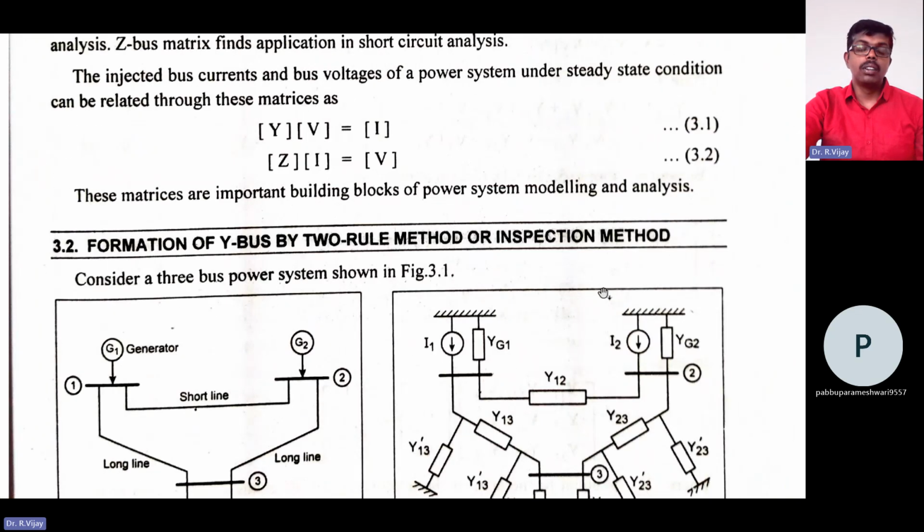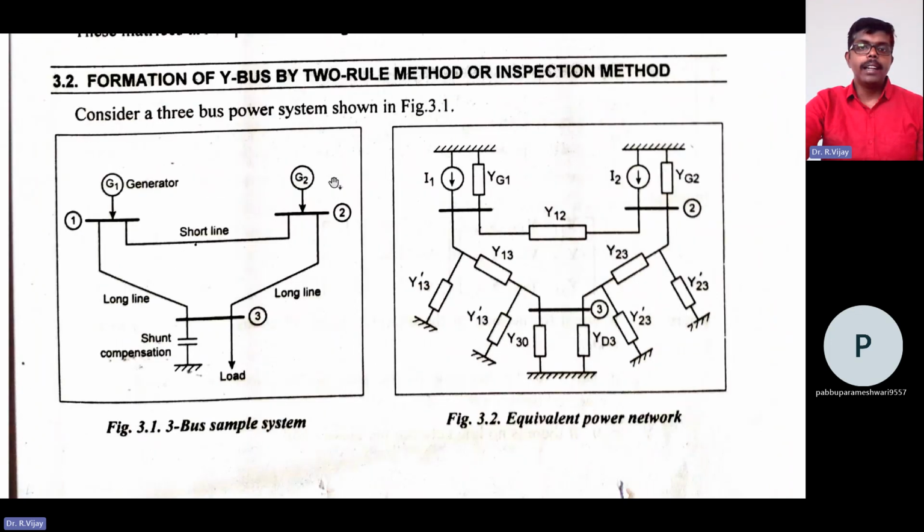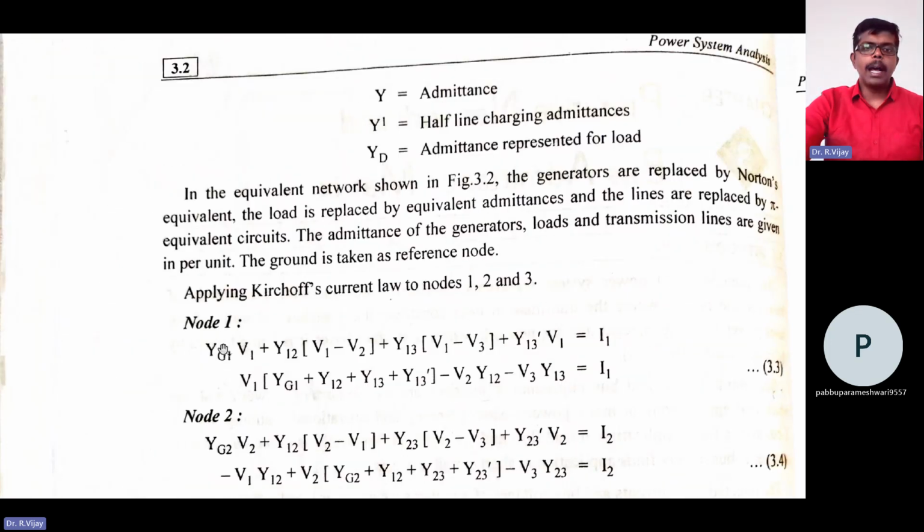The same formula: V is equal to I into Z, or otherwise I is equal to V into 1 by Z. So if it is given in impedance, you need to take 1 by Z. That's all. You need to be very careful while doing the calculation, to identify whether it is admittance or impedance, and based on that you solve.